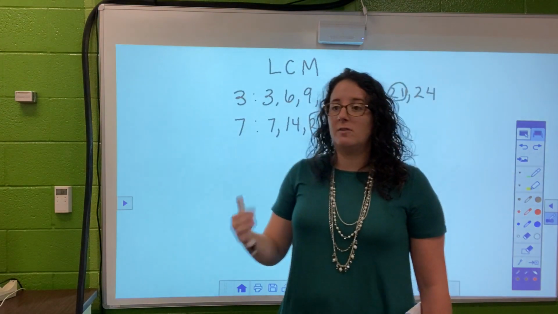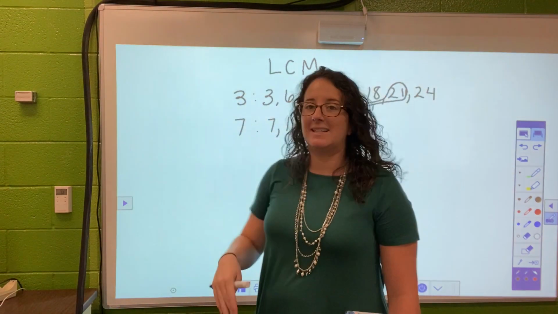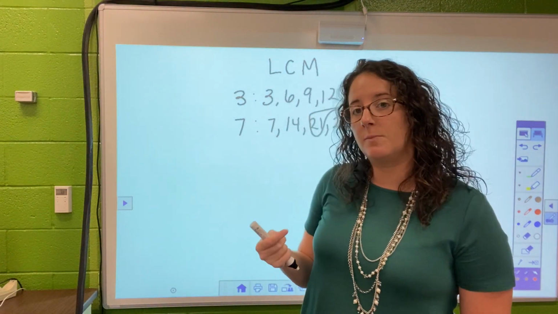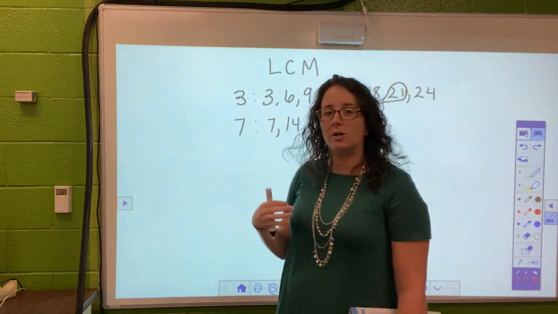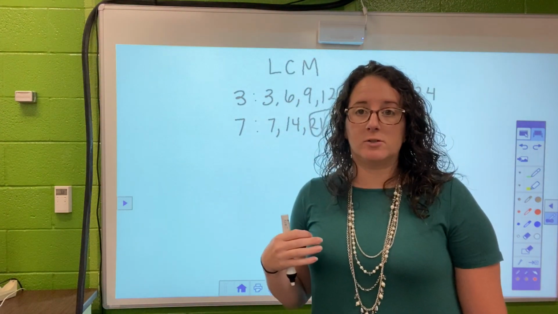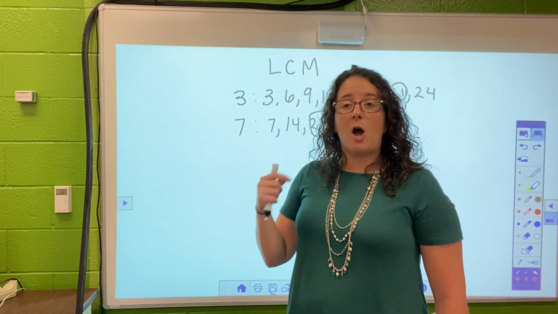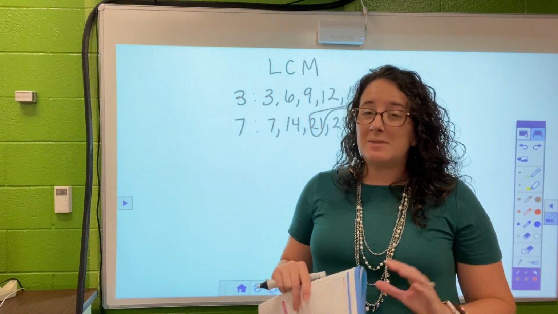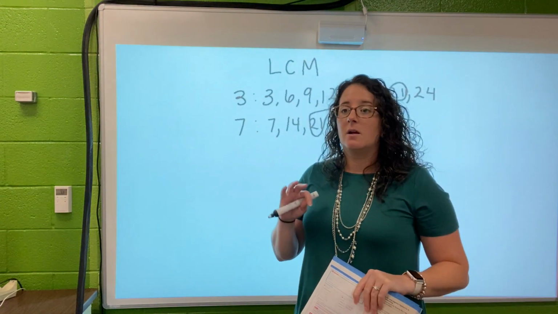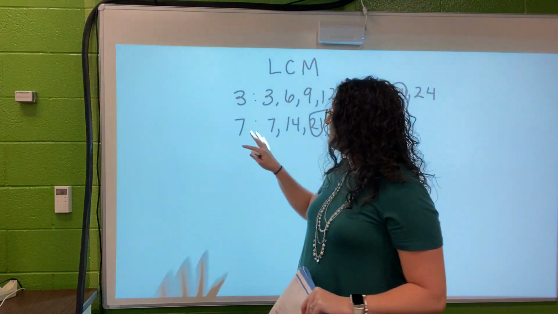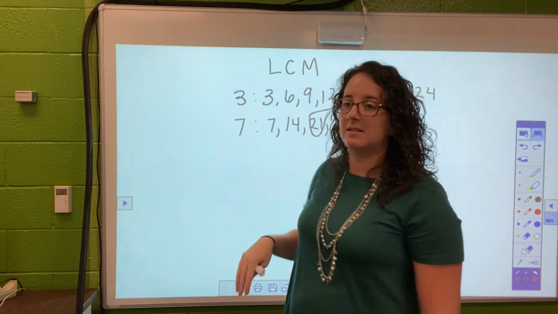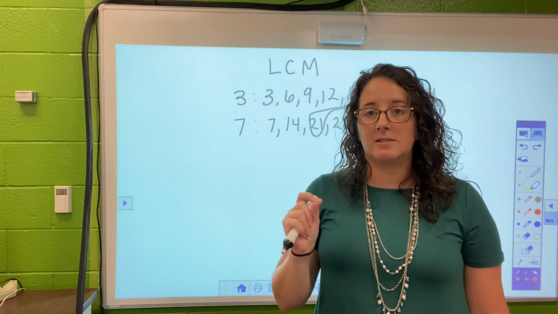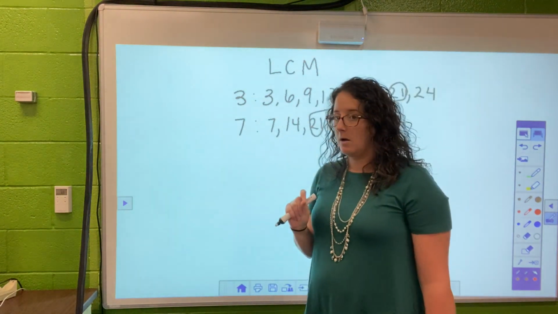So you may have learned that you can just multiply 3 and 7 together to get a multiple of 21, which is true. That gives you a common multiple of 21, but it's not always going to be the least common multiple. So sometimes multiplying like that works, sometimes it doesn't. So you should still try to list them out like this so you can find the smallest number that they have in common. All right?